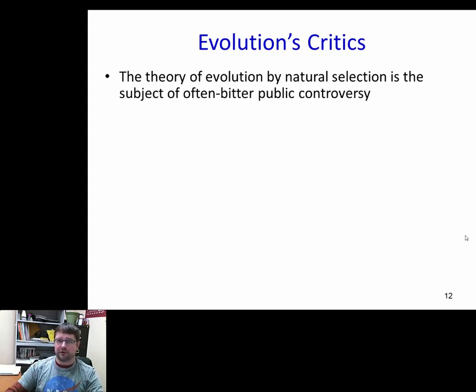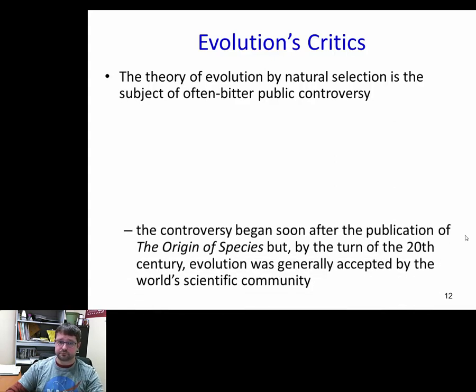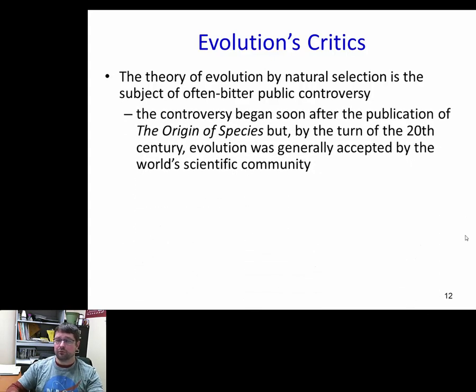You can find examples of this controversy between evolution and religion. And it really started with the Origin of Species, right? But it still occurs today. And with new groups popping up, like intelligent design groups and things like that, they have different criticisms towards evolution.